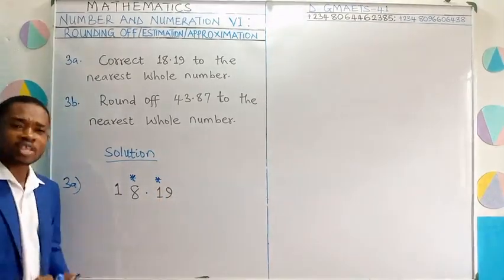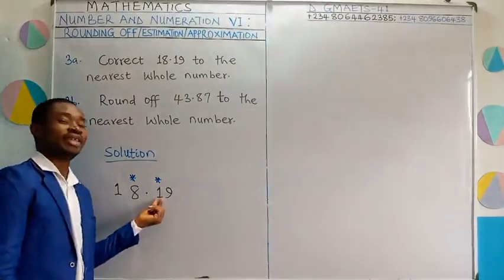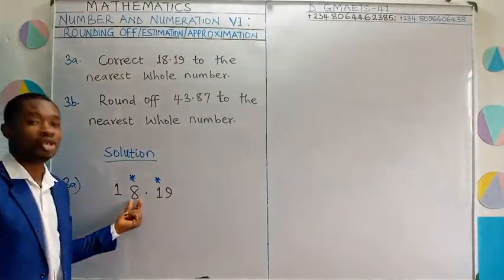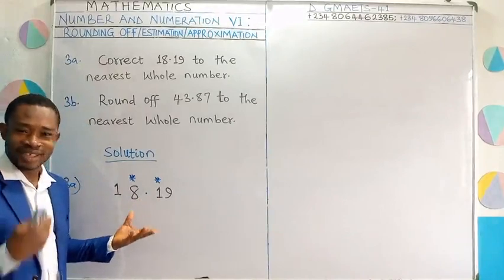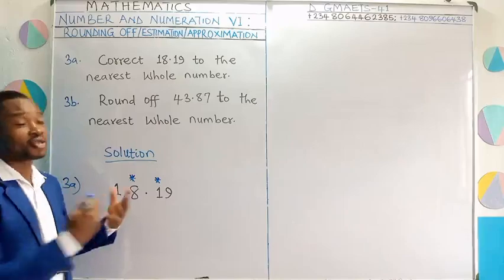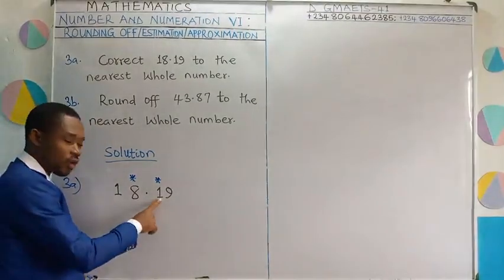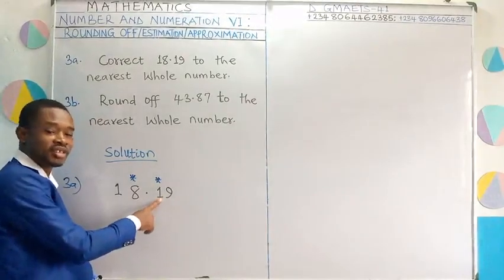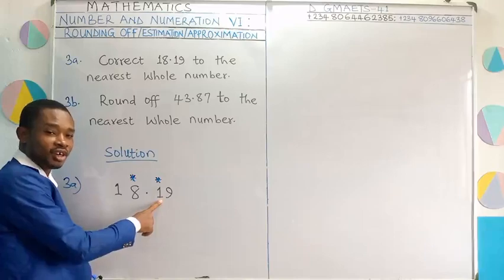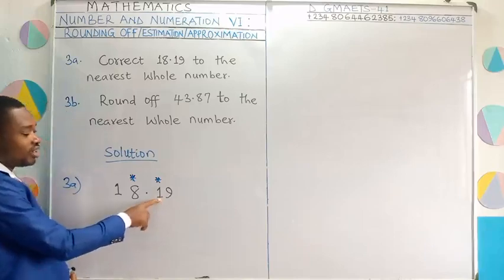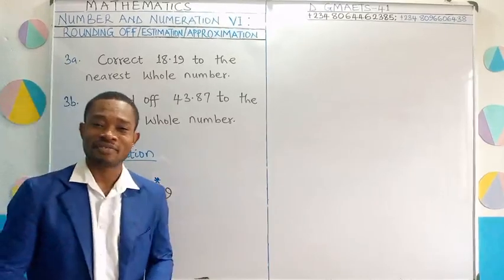I'm rounding off from tenths into unit place value. Is that not so? Because we're rounding off or correcting into the nearest whole number. So this number I'm rounding off from, is it up to 5 or less than 5? And you see clearly this is 1. It is less than 5.